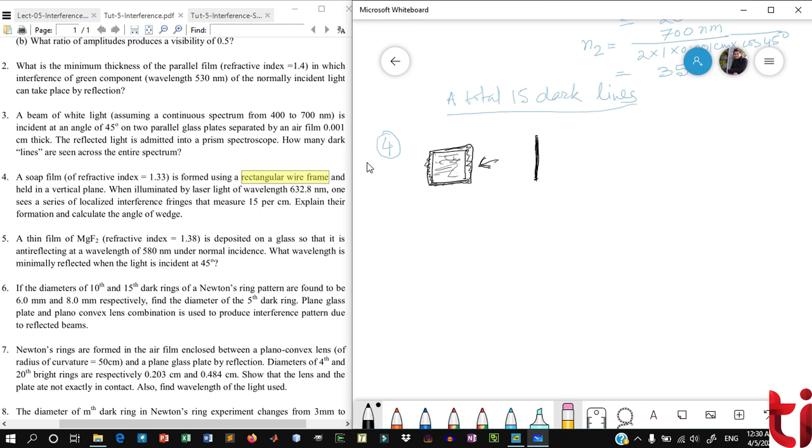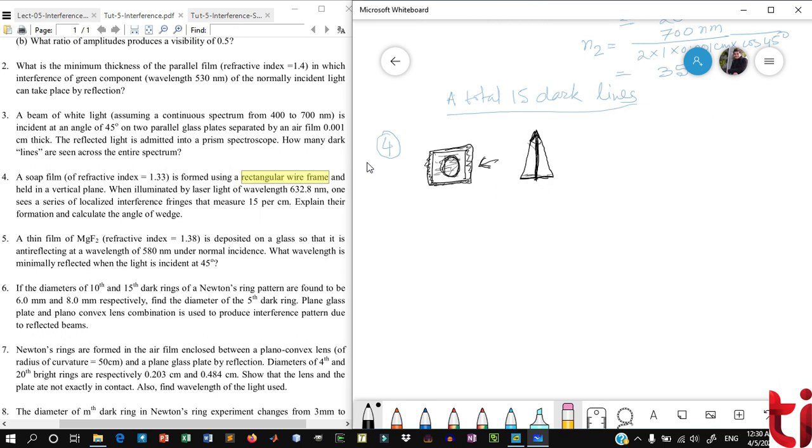However, if this film here is affected by the gravity, what will happen? This film would get like this. I am drawing it just as a cartoon version. So what I want to say is that at the top the film would have a minimum thickness, and at the bottom it would have a maximum thickness.